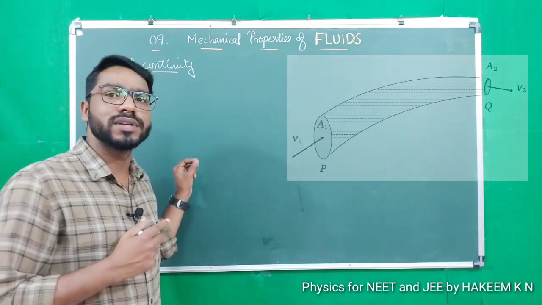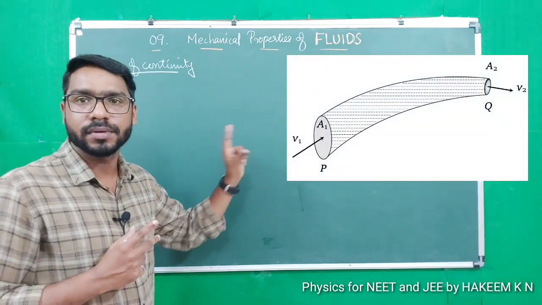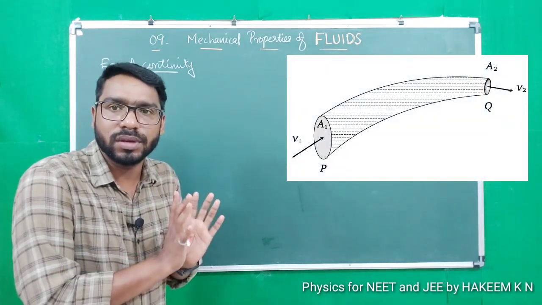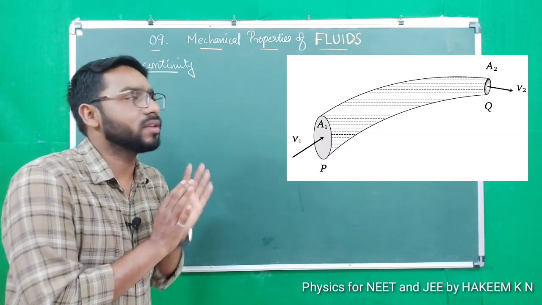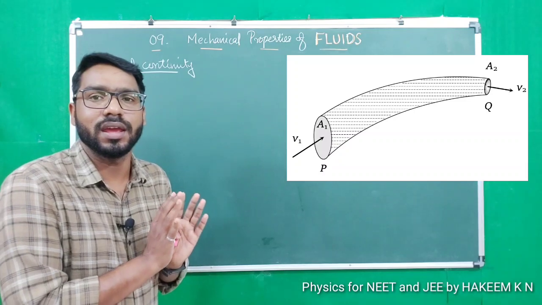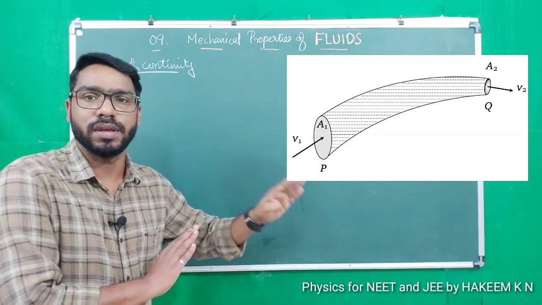When a liquid is flowing steadily through a pipe, then according to the equation of continuity, A v should be constant. Area into velocity should be constant.